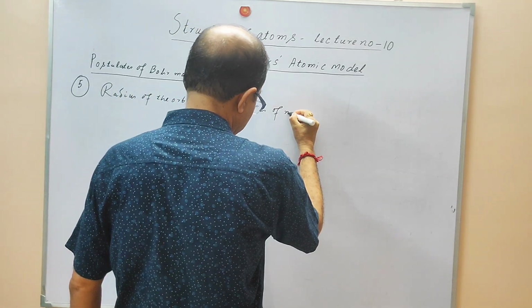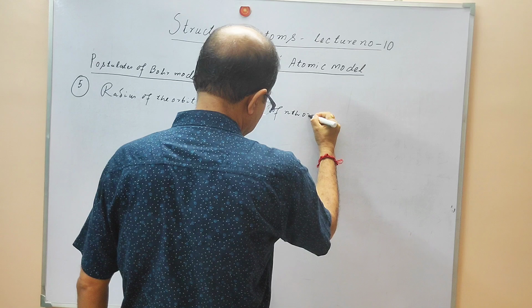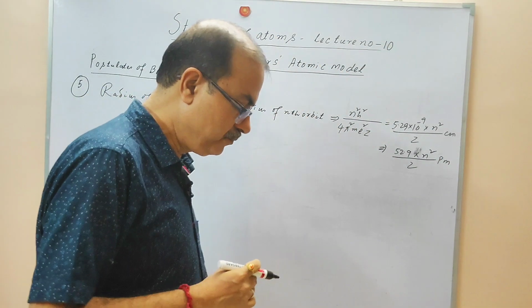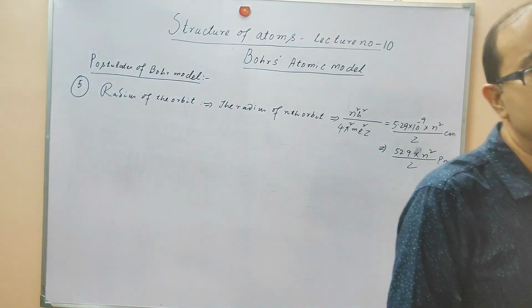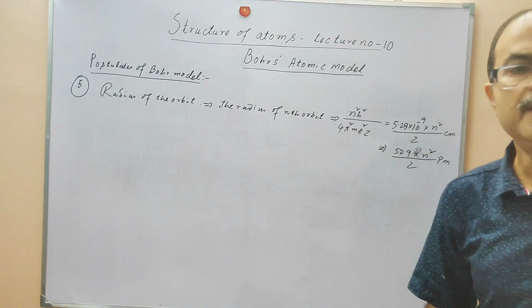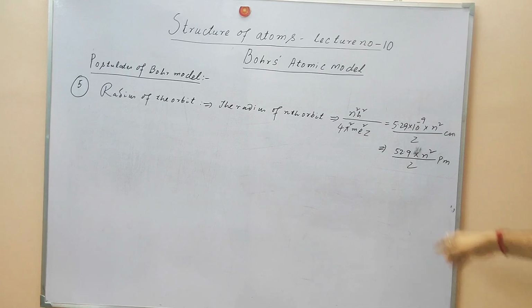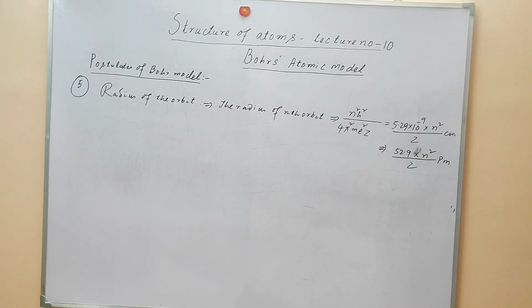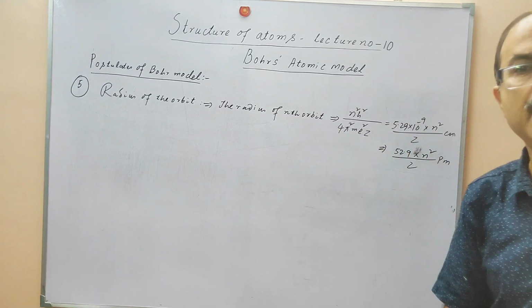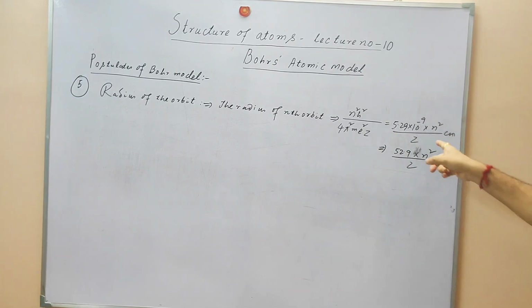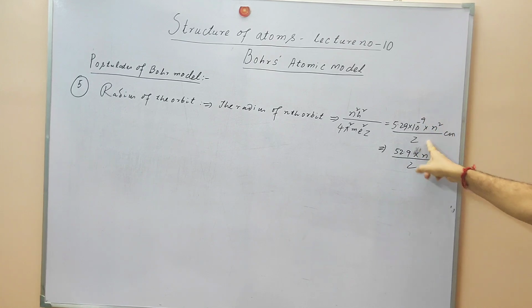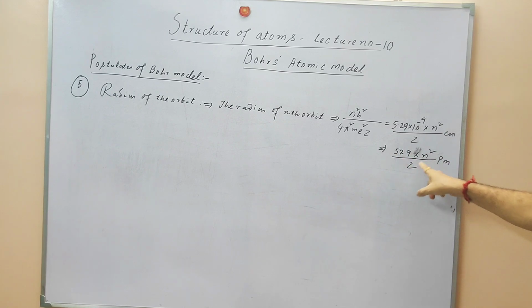The radius of the nth orbit is given by this formula, n square h square divided by all these terms. And when we put in the constant terms of this formula, it comes around 5.29 into 10 to the power minus 9 times n square by Z. If we use another unit, it will be picometer, 52.9 into n square by Z.